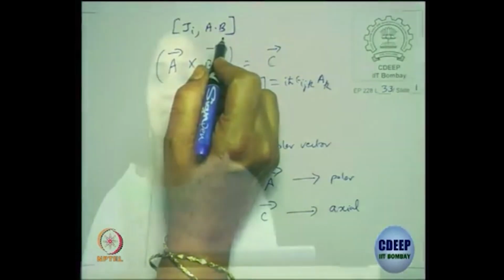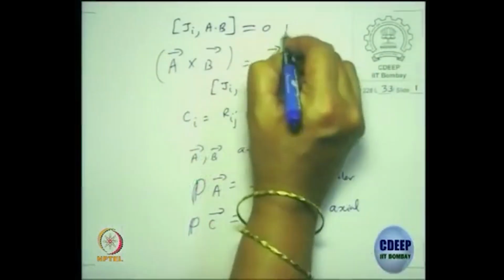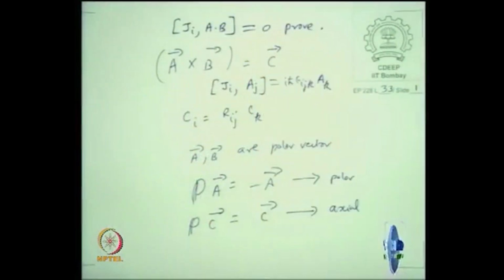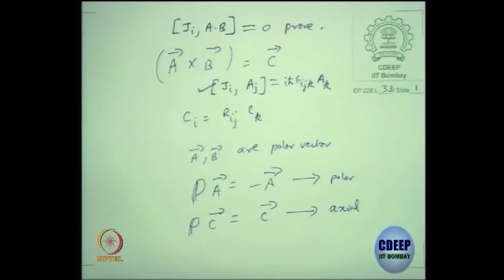Zero or non-zero? Zero, right? It has to be zero. So please prove this also. This way you will get a handle on how to play with commutator brackets, and you know the answer, so you are verifying the answer. R dot P is a scalar, so R dot P has to commute with J.